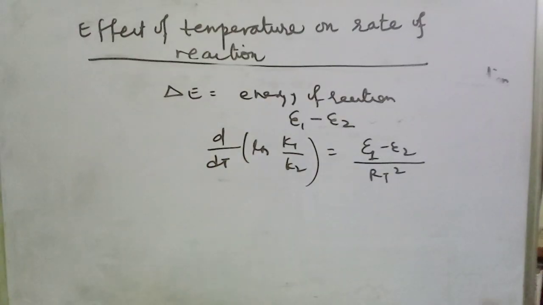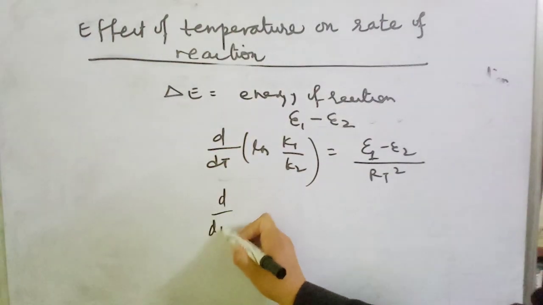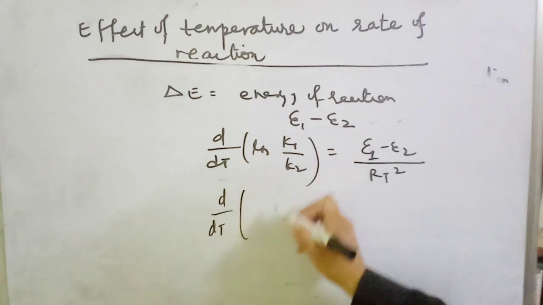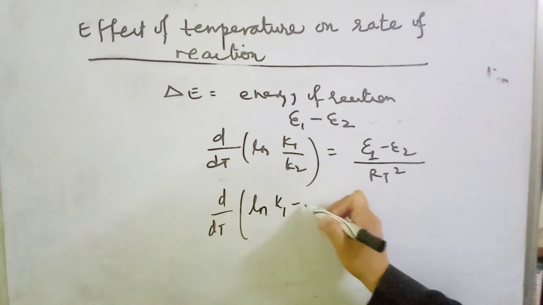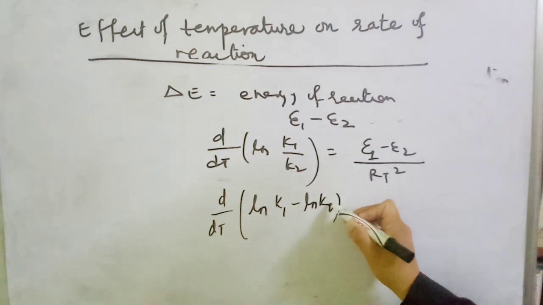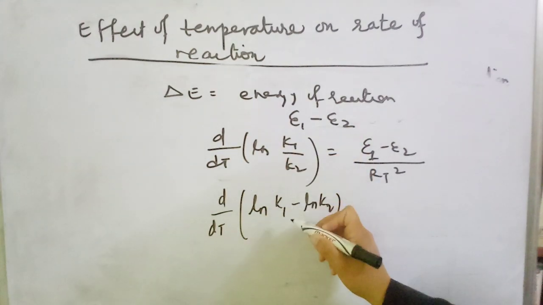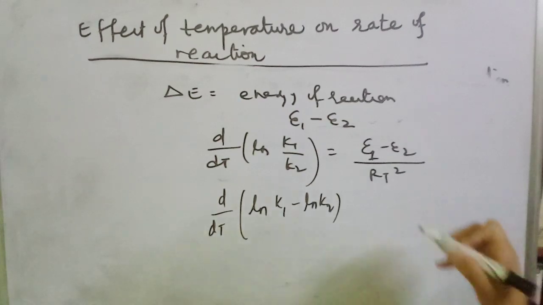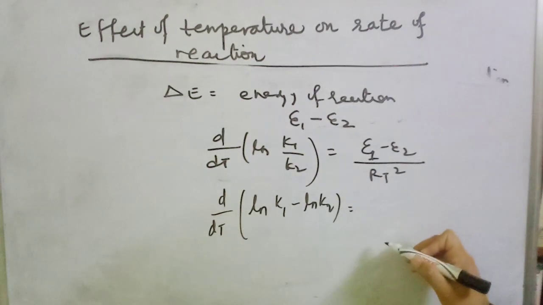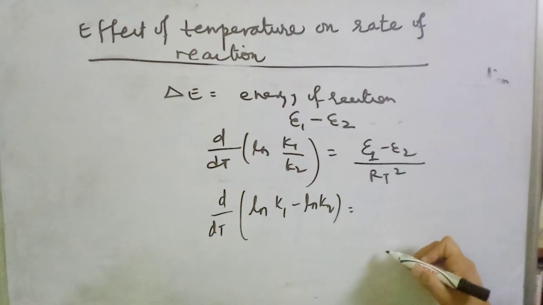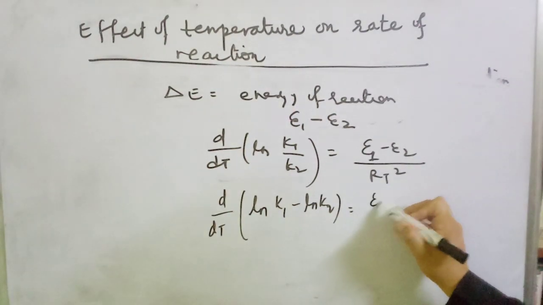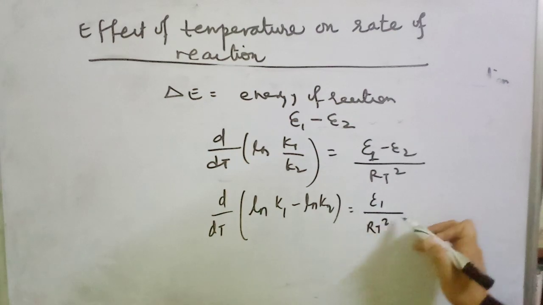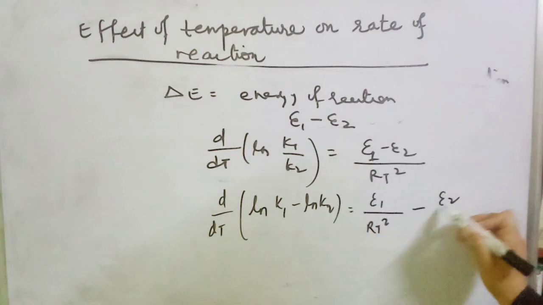So you can write d upon dt of ln K1 upon K2, which can be written as ln K1 minus ln K2. Ln A upon B is equal to ln A minus ln B, this is the formula. So that will be equal to E1 by RT square minus E2 by RT square.